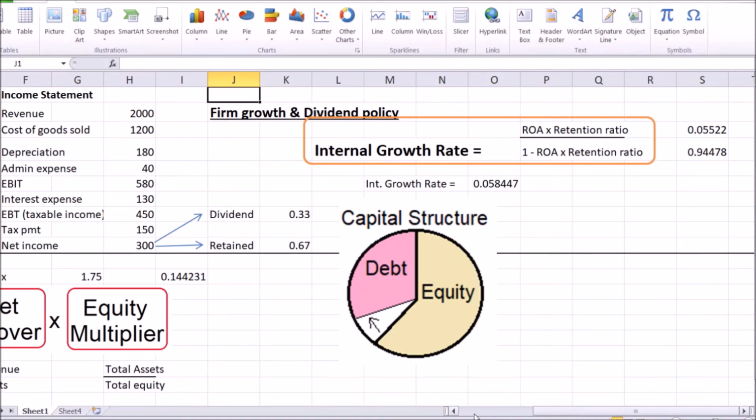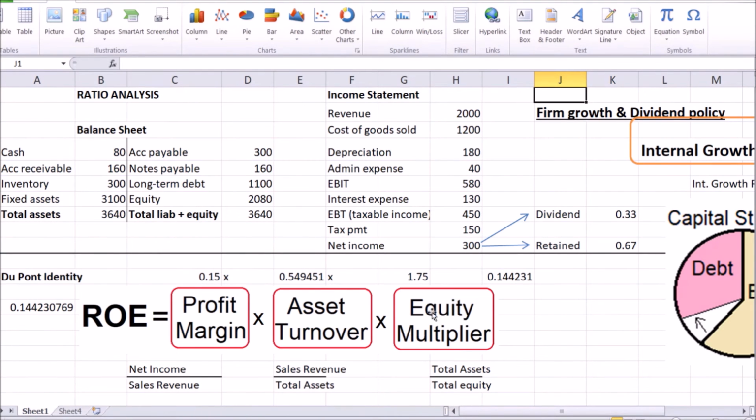That is because capital structure relates to equity multiplier. Perhaps a given percentage of debt within the company size is optimal for a relatively attractive return on equity.